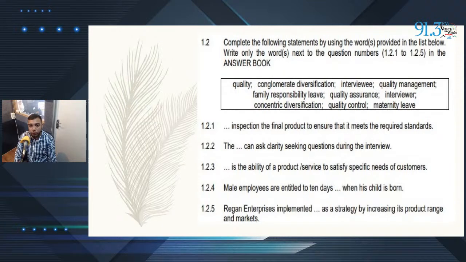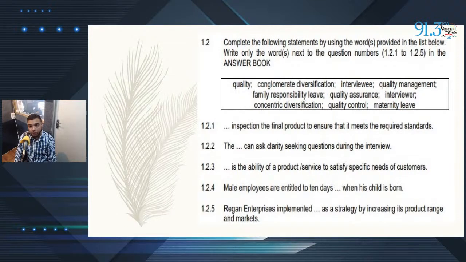1.2.4, male employees are entitled to 10 days when his child is born. Is it family responsibility leave or paternity leave? Sorry, maternity leave. Guys, please remember maternity is female, paternity is male.